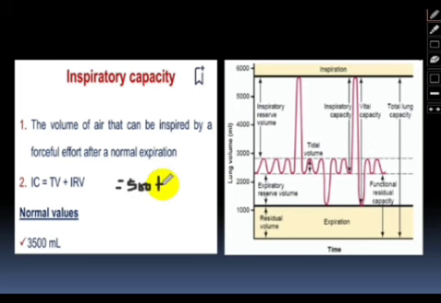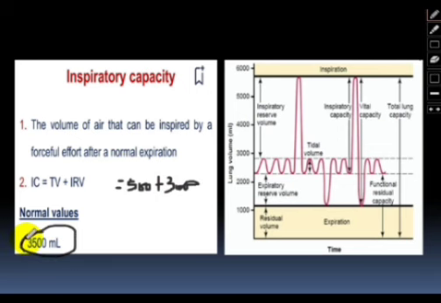Plus inspiratory reserve volume, what's the value? 3,000. So if you sum that up, it's going to give you 3,500.